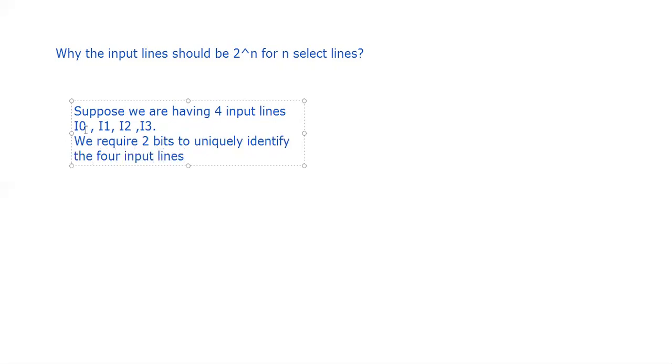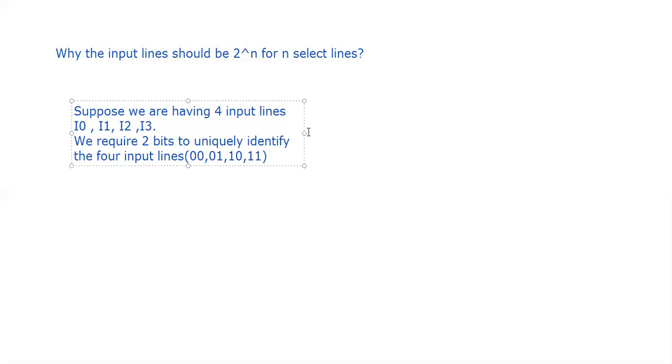The first input line can be represented as 0, 0. The second one as 0, 1. Third one as 1, 0, or 1, 1, whatever is convenient. And the fourth one is 1, 1. So these are the 4 unique representations of the 4 input lines. These are the minimum number of bits. You can add more bits, but you cannot reduce the bits.